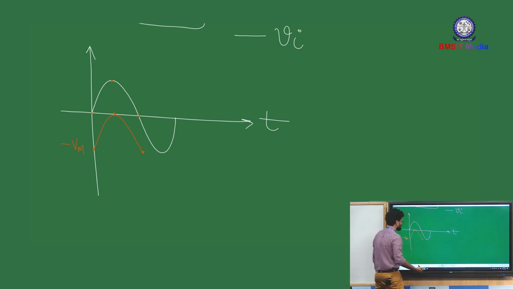Now let us look at the negative half cycle. When your input is 0, output is at minus Vm. When your input reaches minus Vm, your output reaches minus 2Vm. Similarly, when your input reaches zero volt, output will be at minus Vm. So complete the cycle.